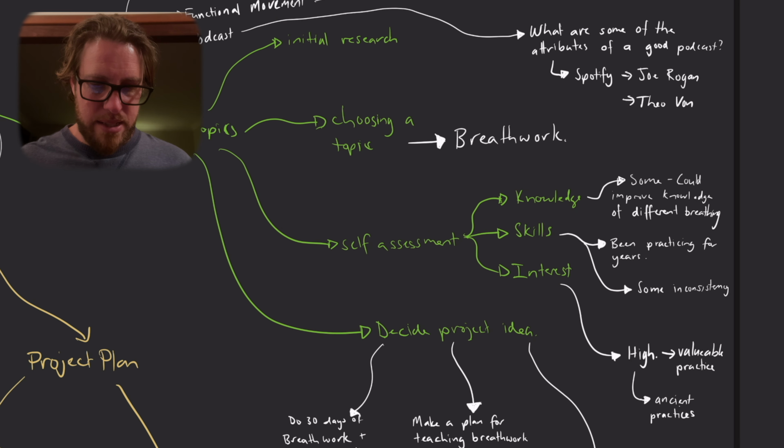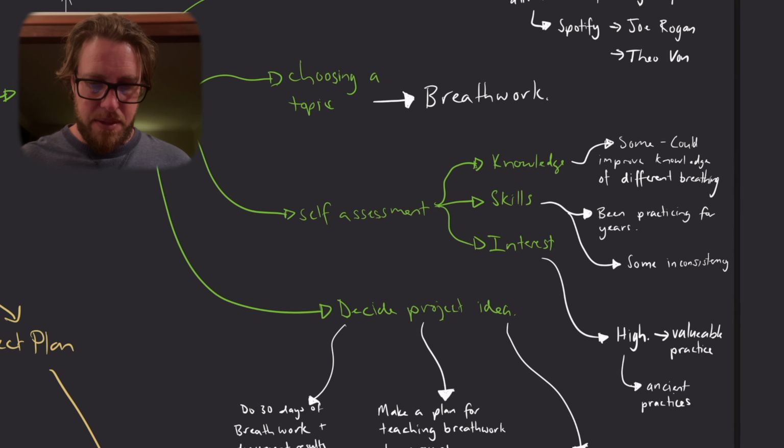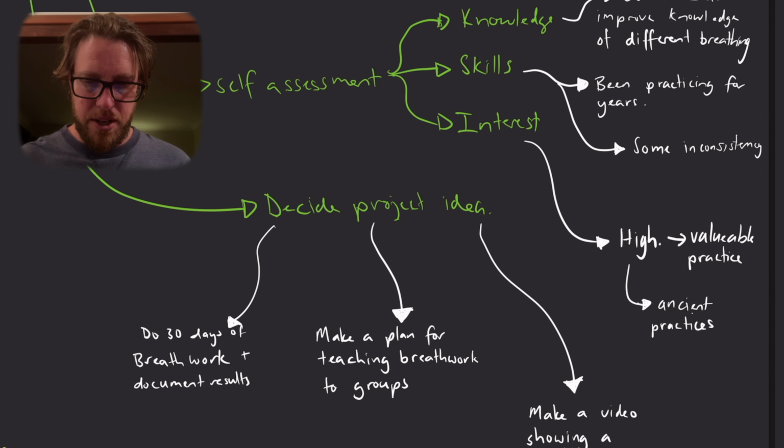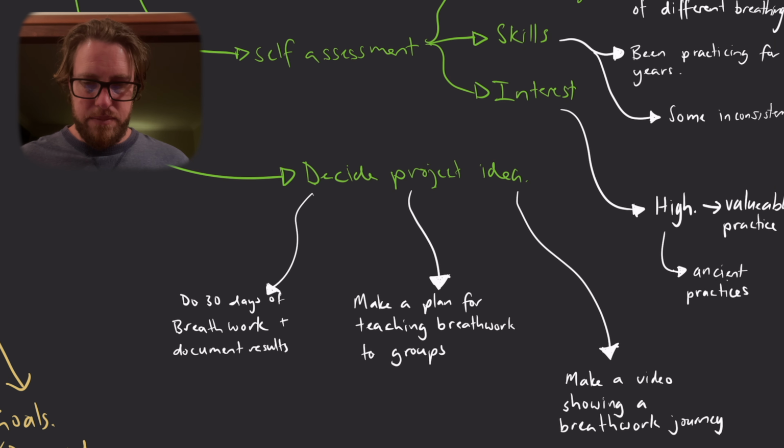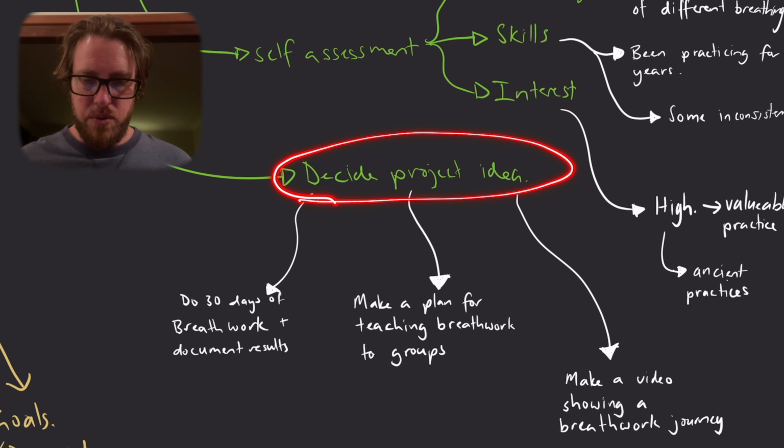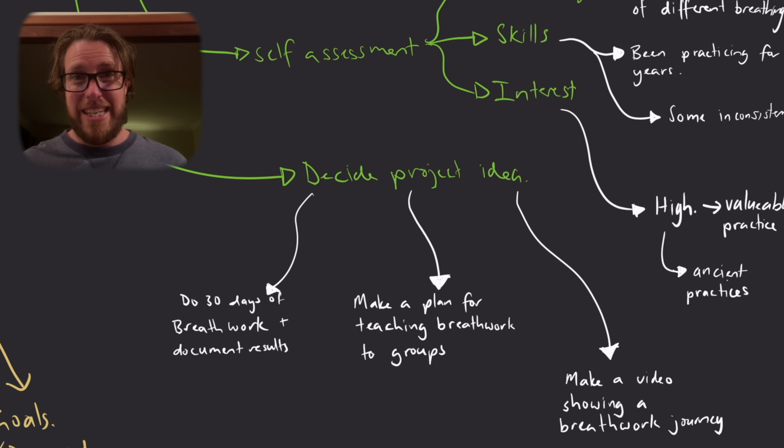All right, last part of the initial part, the green. Once I've got my topic, I need to do what we're going to call deciding the project idea. What that's about is we need to work out, within the topic, what idea or what it is that we actually want to produce with this project.